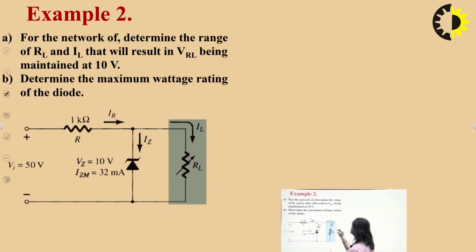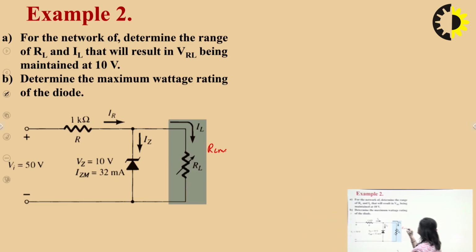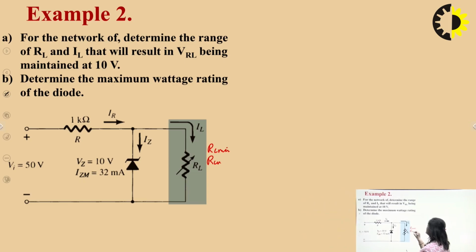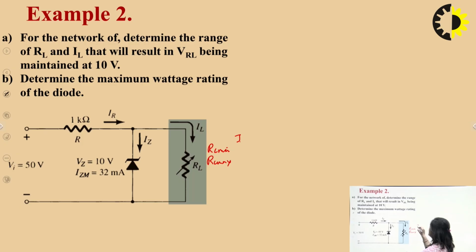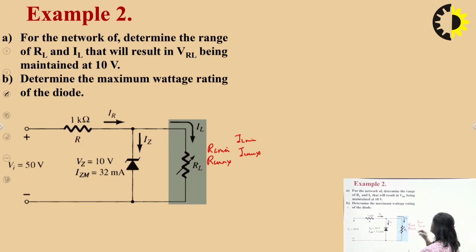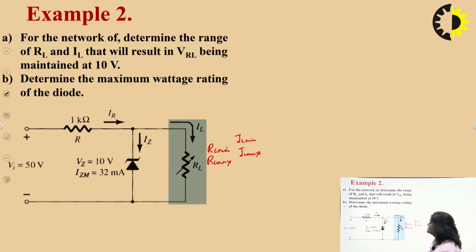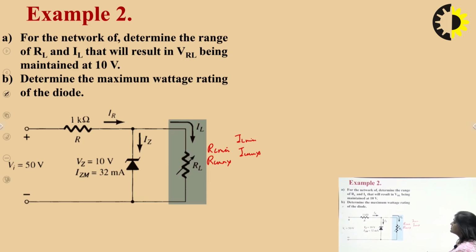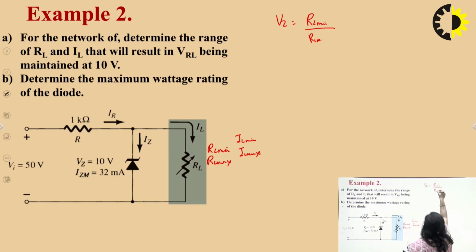So load resistance will be RL minimum to RL max, and load current is IL minimum to IL max. For finding the value of RL minimum, we can use this formula: VZ is equal to RL minimum upon RL minimum plus RS multiplied by VI.